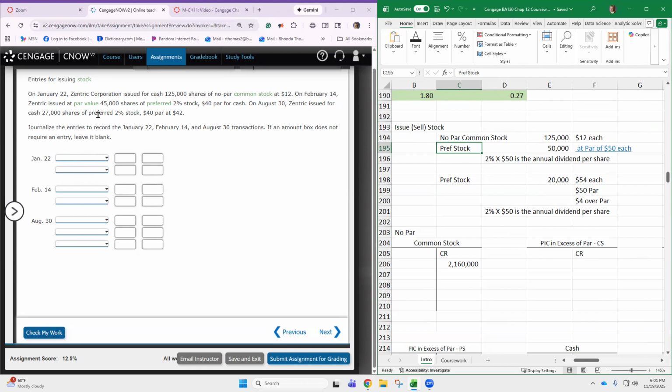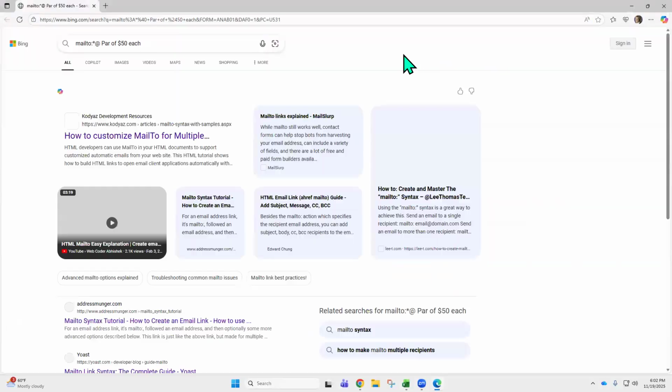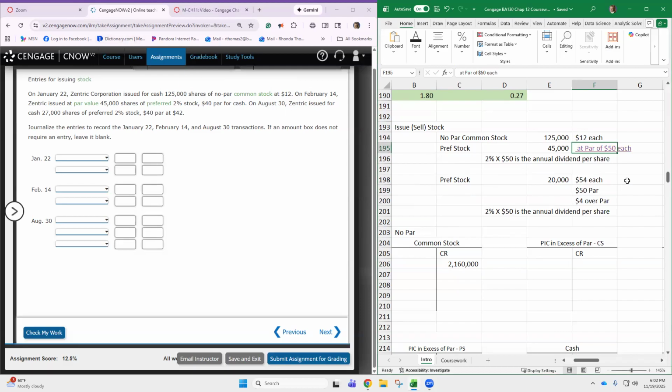Then on February 14th, we issued at par value 45,000 shares, right? 45,000 shares at par of $40 a share. So preferreds, all right, so we issued the preferred stock at par.